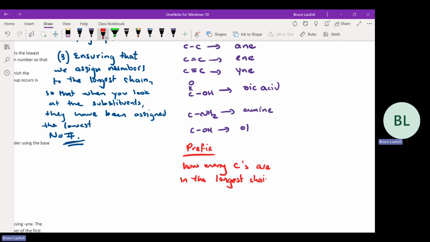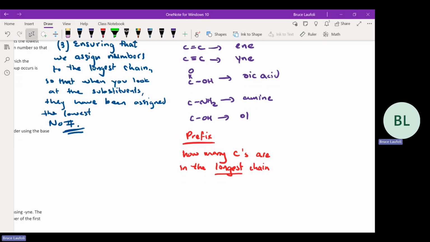Now it's important to recognize that it's only in the longest chain. We can have carbons branching off the longest chain, so we need to make sure that it's not including all of the carbons some of the time. Sometimes it is if it's just one straight chain, but if there are branches, it won't include those branches in the name.